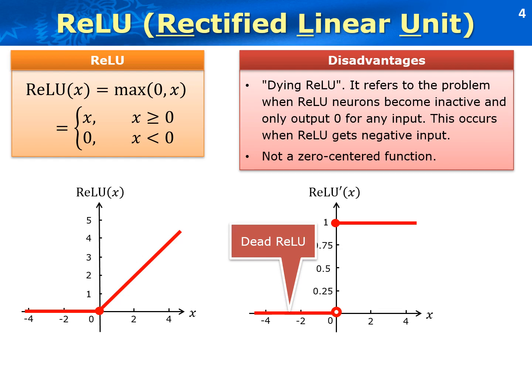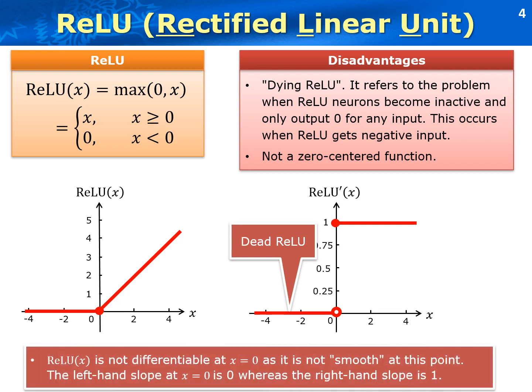Graphically, we notice the ReLU graph is not smooth at the 0 point, leading to a jump at 0 in its derivative function. It can be seen from the ReLU graph. At the point x equals 0, the left-sided slope is 0, whereas the right-sided slope is 1.